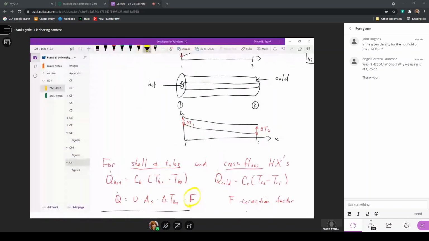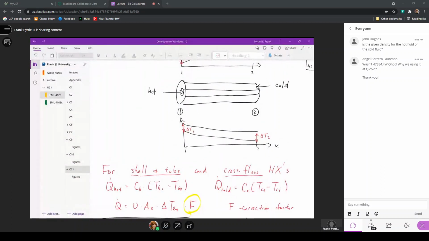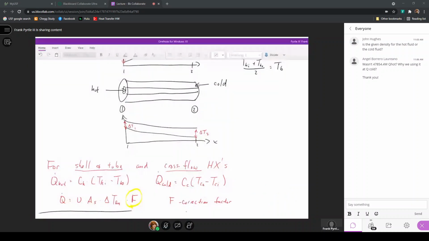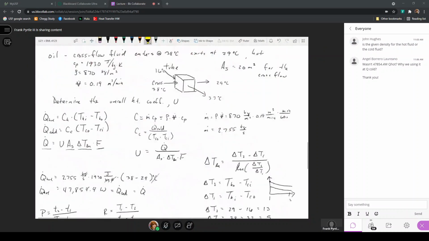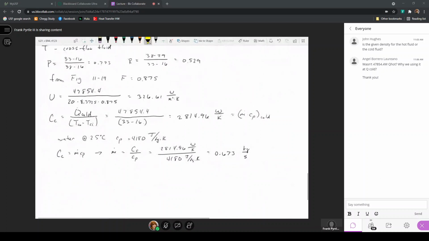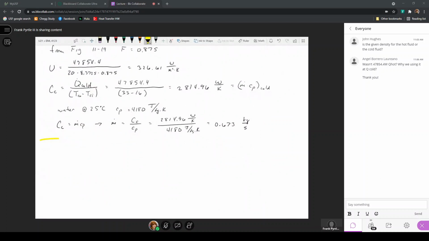But now another method for making this determination or doing a heat transfer analysis is what is called the effectiveness-NTU method. Now, the effectiveness-NTU method is just a different way of calculating the heat exchange between the two fluids.